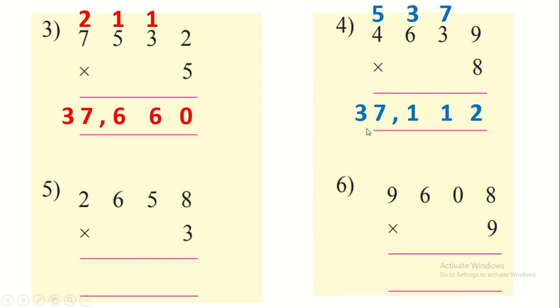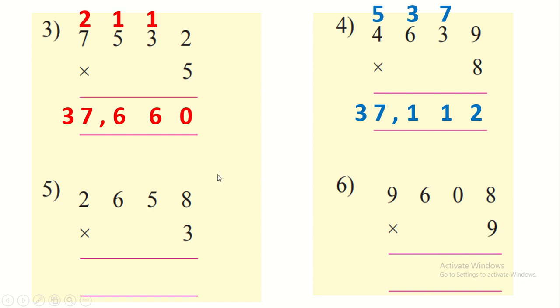Your answer is 37,112. Correct, students?